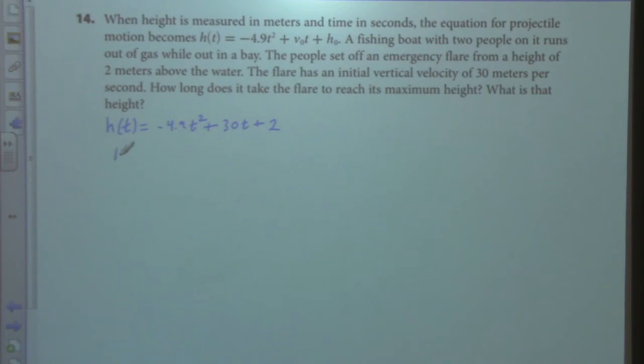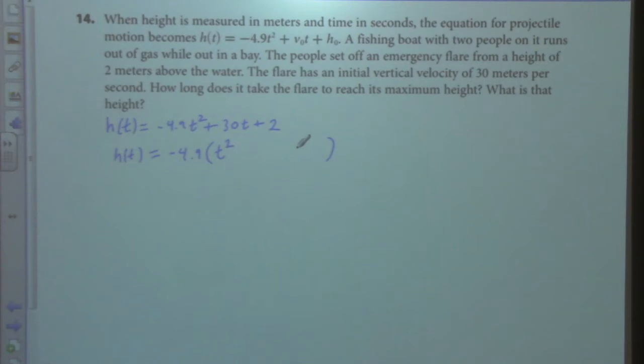So next step is we're going to try to get our vertex form. So how do we get our vertex form? Factor the negative 4.9 outside. So negative 4.9, open parentheses, and then what goes here? T squared. Okay, and what's the next thing to go here?